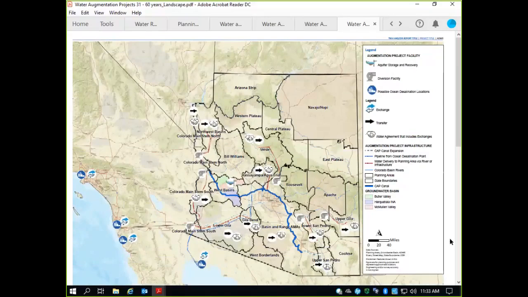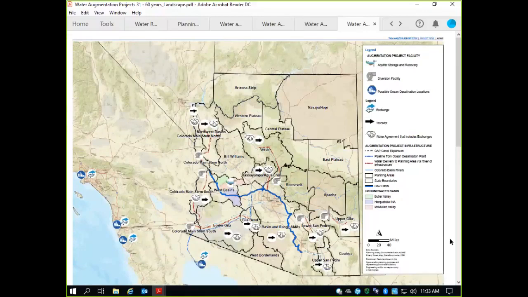So the three along the ocean on the west side are intended to be those. They are all in areas where there is some level of municipal development, so that desalinated water gets used for municipal use as opposed to agricultural use, where the price point is different.